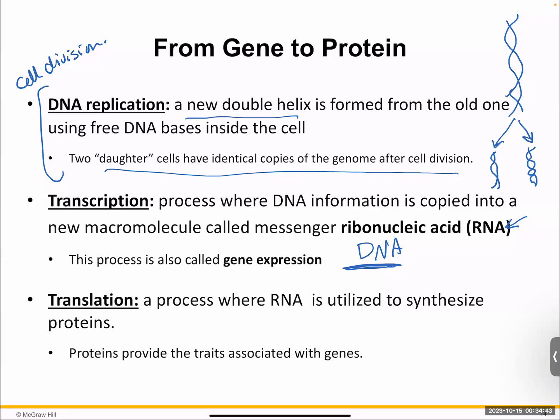Now, this process of copying DNA to RNA is referred to as transcription. So transcription is basically making DNA copies to form RNA. The process also has another name, called gene expression. So if you see that, it's basically the same terminology.